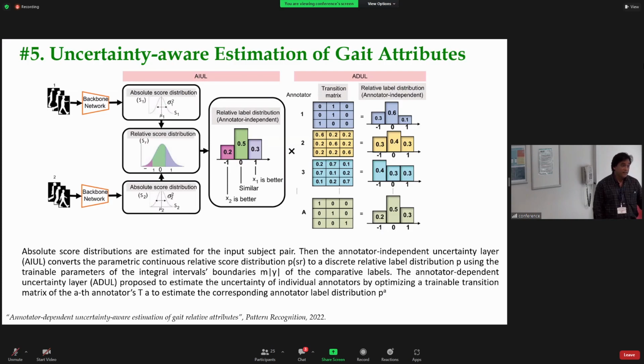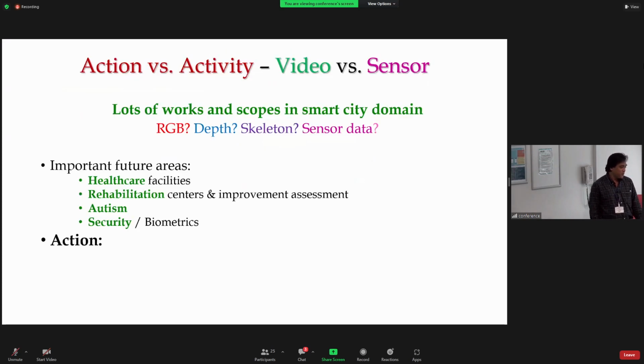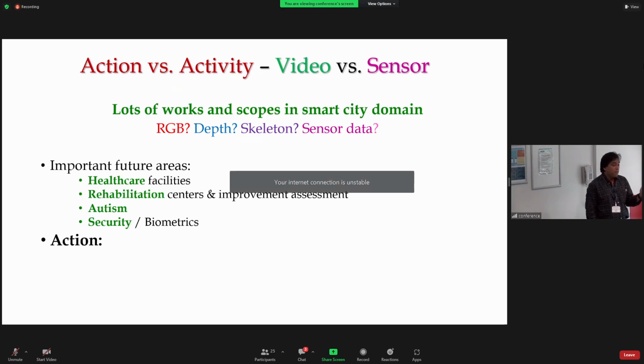So definitely we have basically 3 to 4 minutes per person. So I'm very quick, only 2 minutes I have taken. So I mean, there are lots of works and scopes in a smart city domain based on human activity and behavior, but what kind of sensors you can use, like RGB data or depth or skeleton.